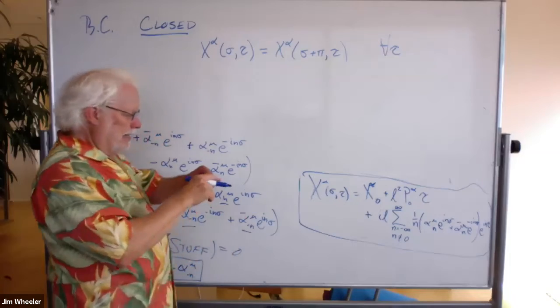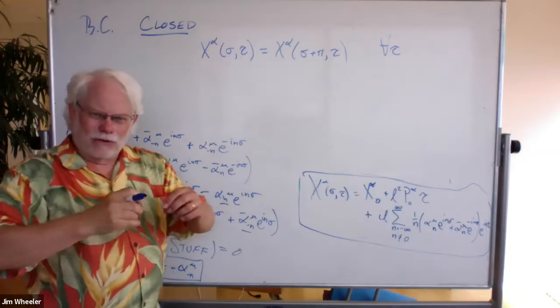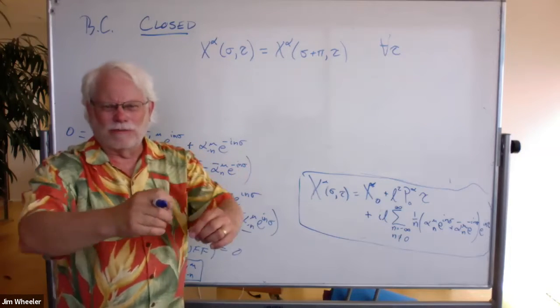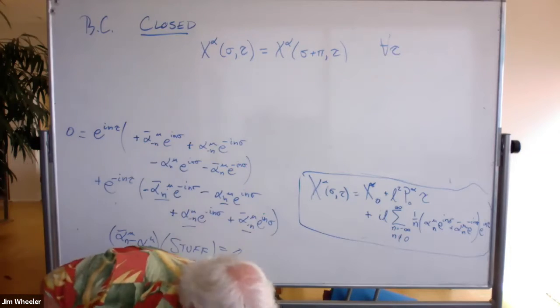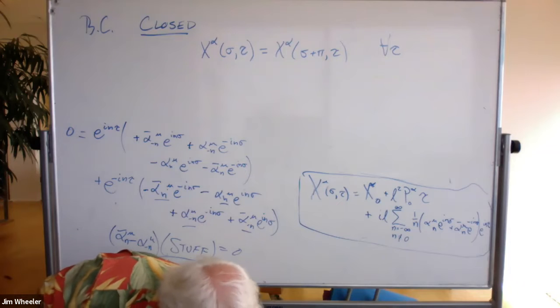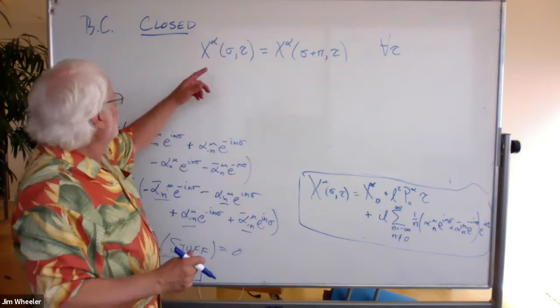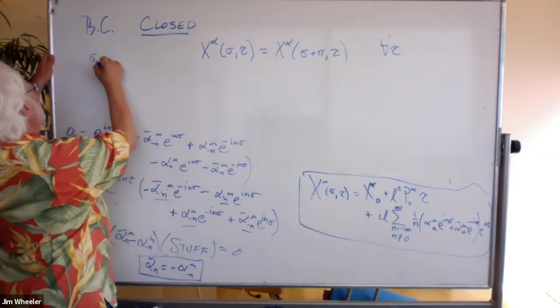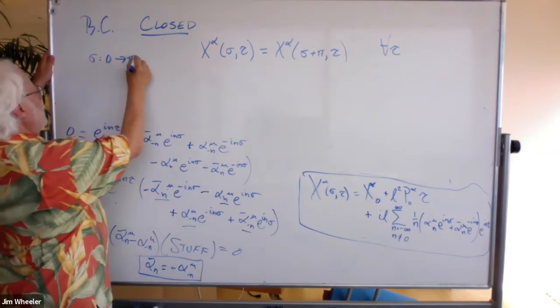So at any time going into the string, you come back to the same point. And I've chosen to let sigma run from 0 to pi here.